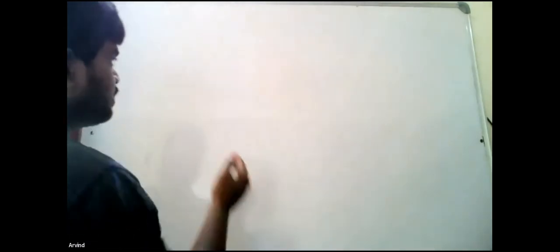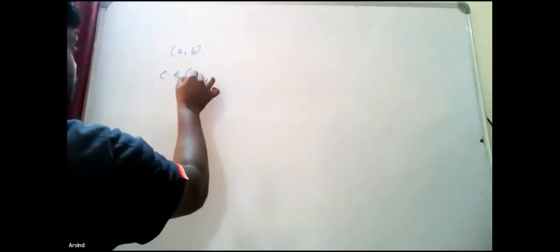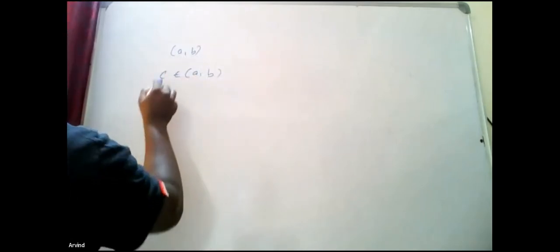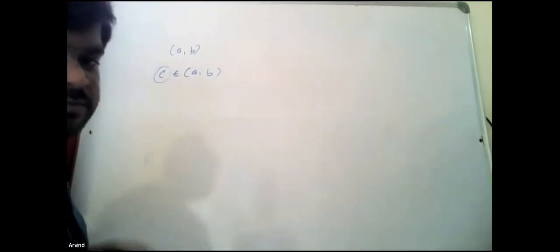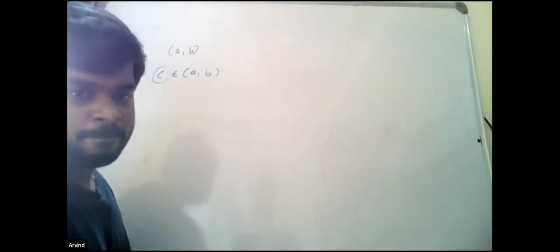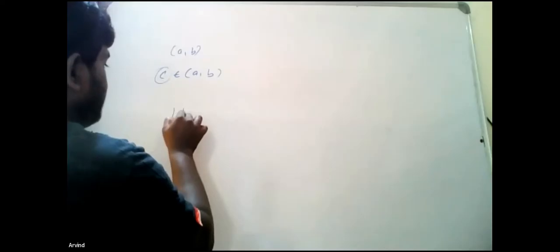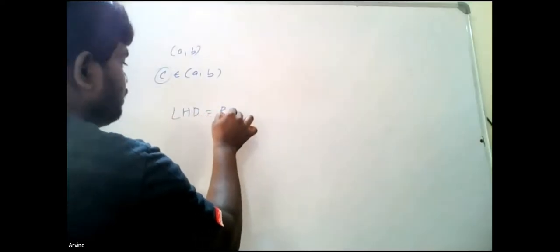We always define differentiability in an open interval. Let's say the open interval (a, b), and take a point c belonging to (a, b). How do you prove that the function is differentiable at c? The left hand derivative should be equal to the right hand derivative.